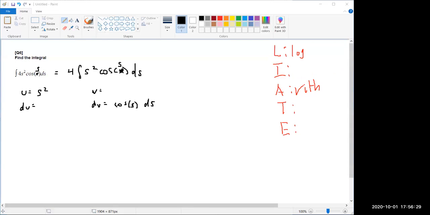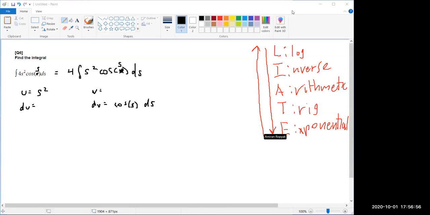It looks like somebody here already knows what I'm talking about. If you remember what the acronym was, feel free to write it. Then it's trig, and then it's exponential. From one way to the other, it's easier to integrate, and from the other way, it's easier to differentiate, or maybe vice versa.